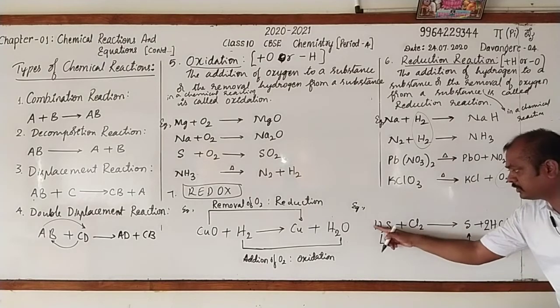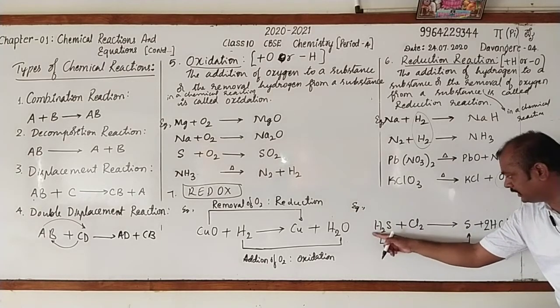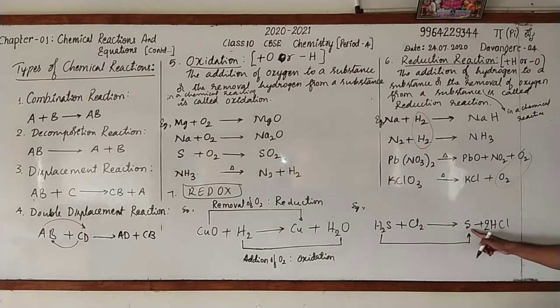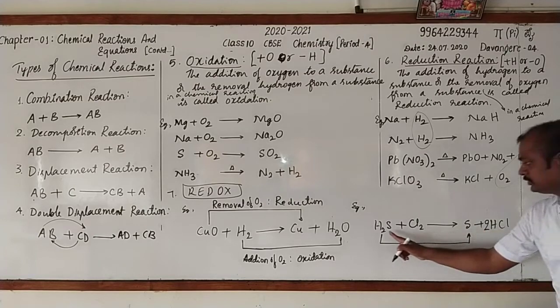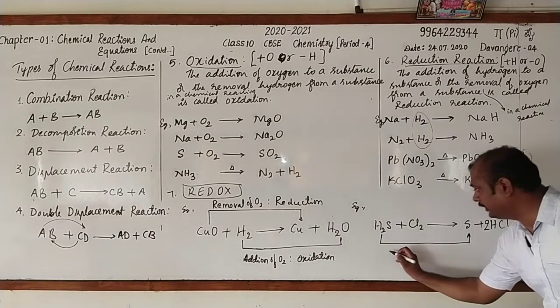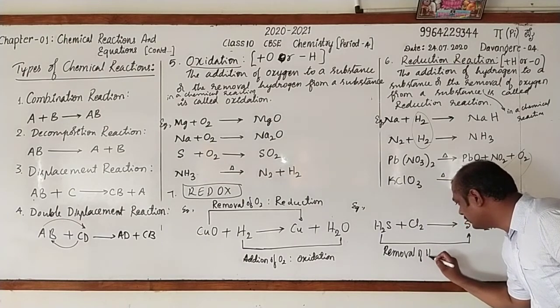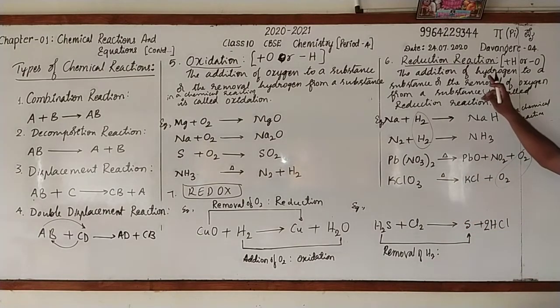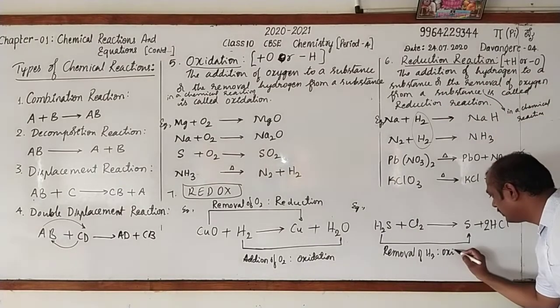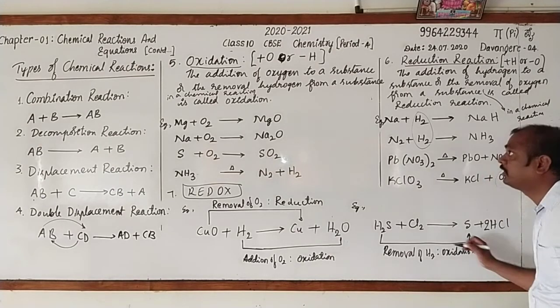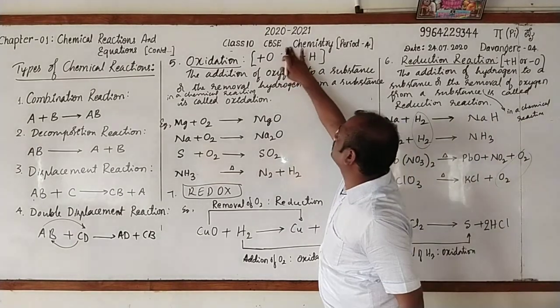When hydrogen is removed from hydrogen sulfide, it gets reduced to sulfur, right? So this is a removal of hydrogen. What do you call the removal of hydrogen? Removal of hydrogen is nothing but oxidation. Is it not? Oxidation, removal of hydrogen, minus H.